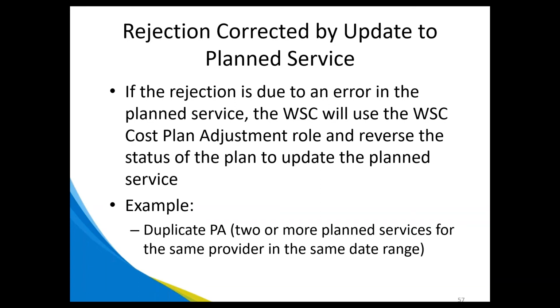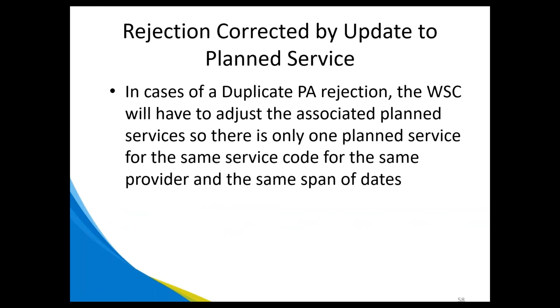In those cases, you will actually need to use your WSC cost plan adjustment role to reverse the status of the plan and then address those plan services that have caused this duplicate PA error message. So it may be that you have to look at the dates of the service.